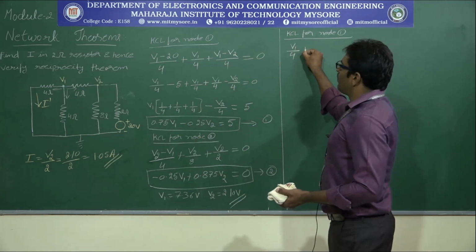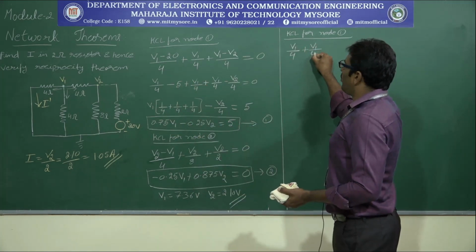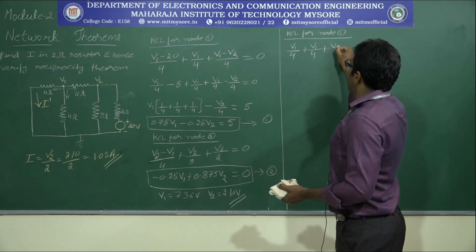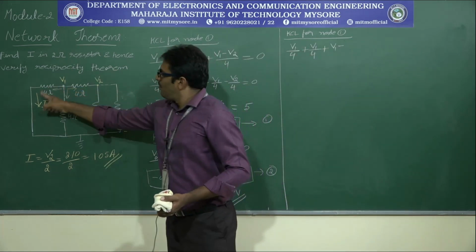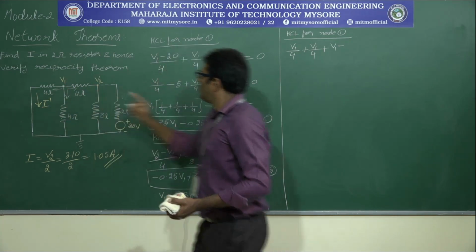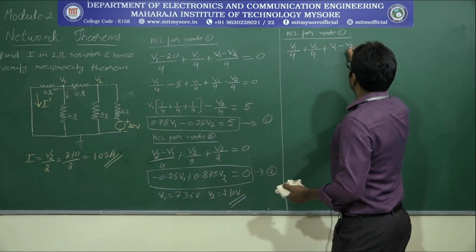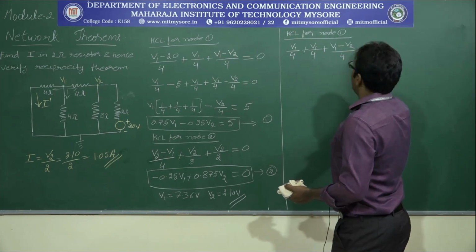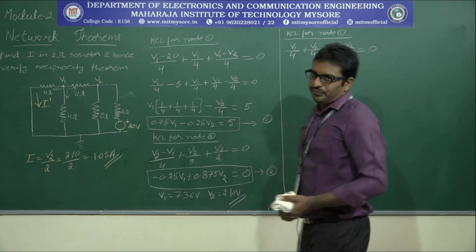V1 by 4 plus V1 by 4, next V1 minus V2 divided by 4, that is equal to 0.